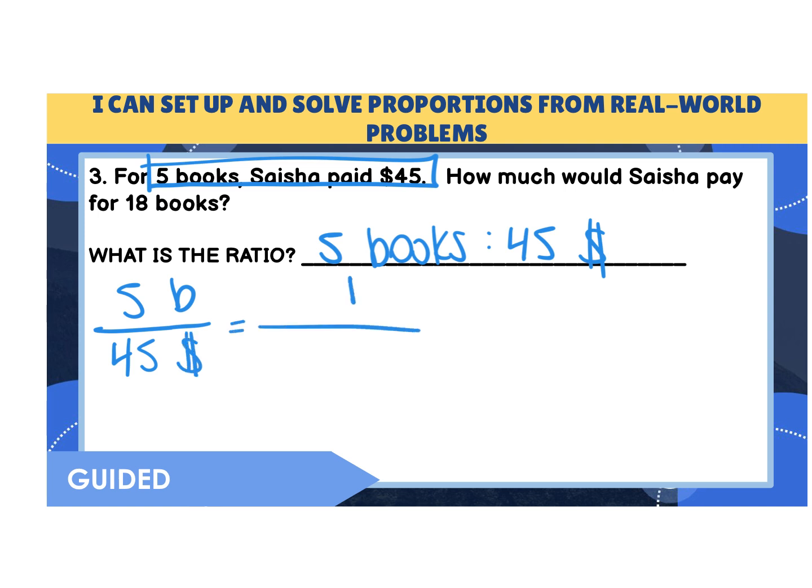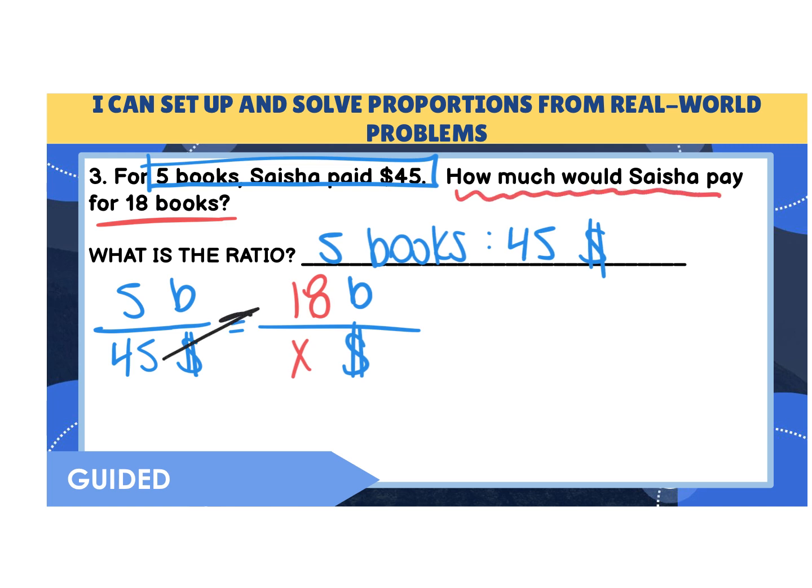We know if books is on top, my B for books has to stay on top. If dollars is on bottom, my dollars is going to be on bottom. And then I'm going to go back into the question and look for that other piece of information. How much would Sasha pay for 18 books? So 18 is going to go on top with my books, and X is going to go on bottom for my dollar sign because it says how much would she pay? Well, we don't know how much.